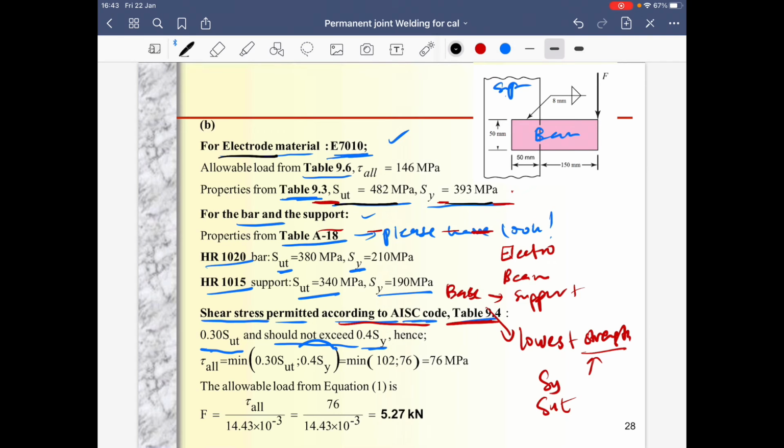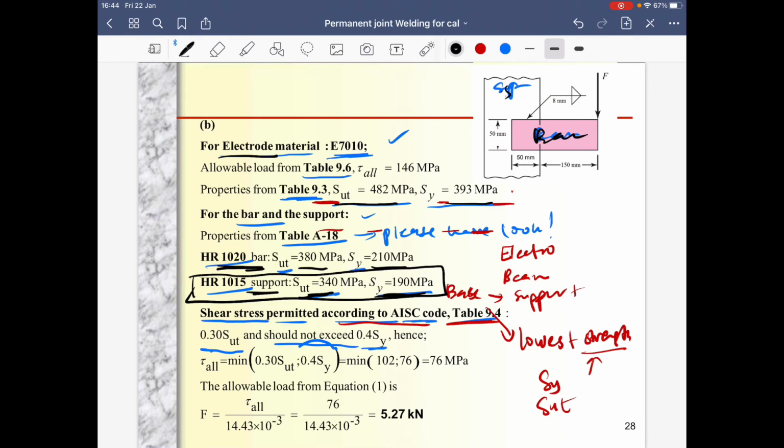For the bar, the ultimate tensile strength is 380 and yield strength 210. For the support, ultimate tensile strength is 340 megapascal and yield strength is 190. We take the minimum, meaning the lowest strength.